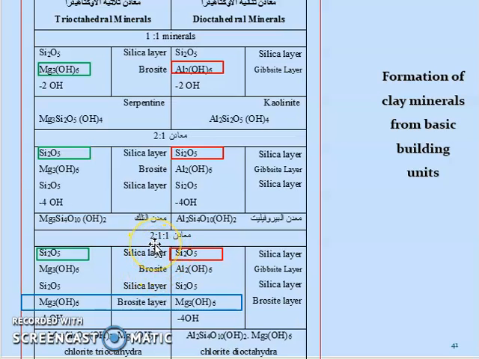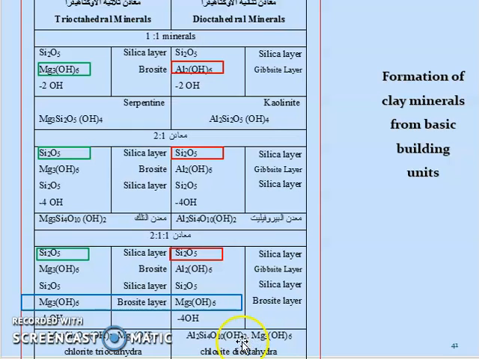The 2-1-1 mineral, or 2-2 mineral, has 4 layers: 2 silicate layers, 1 gibbsite layer and 1 brucite layer, and the brucite layer here is added to the structure of pyrophyllite without losing OH.